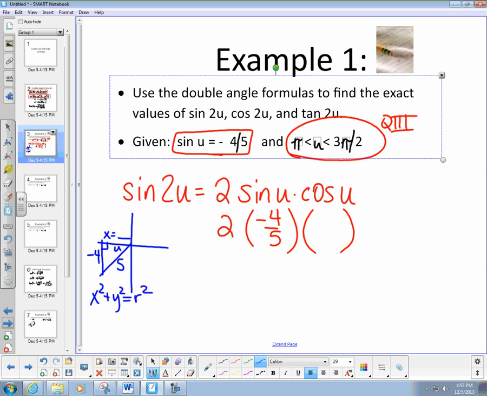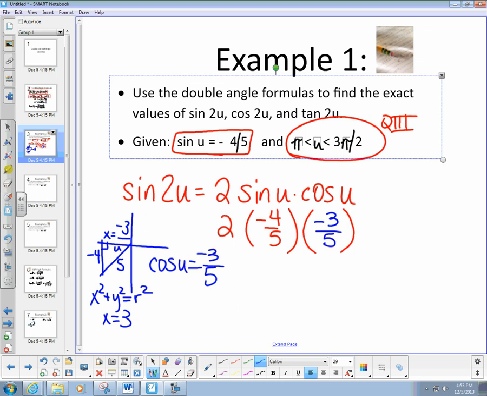But you know that if it's 4 and 5 for two of our values, our x should come out to be 3. You can still use the formula. And since I'm in quadrant 3, my x is actually negative 3. So the cosine is what I was needing to finish this problem. The cosine of u is going to be negative 3 over 5.